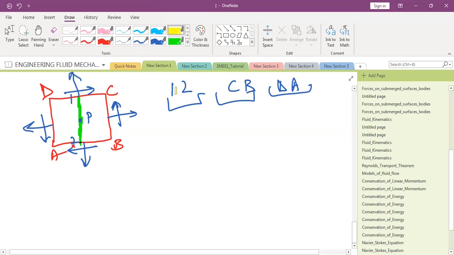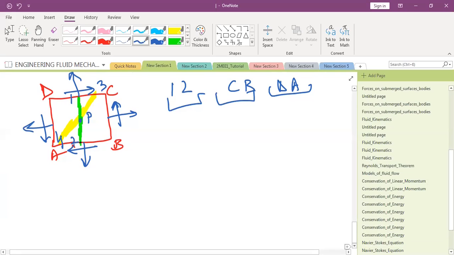Now I am coming to the second point. If I ask you a question that I don't want something on this 1-2 plane, but on a plane that is like this, so this is 3-4. The 3-4 plane is also passing through point P. So what will be the state of stress on plane 3-4 passing through point P?